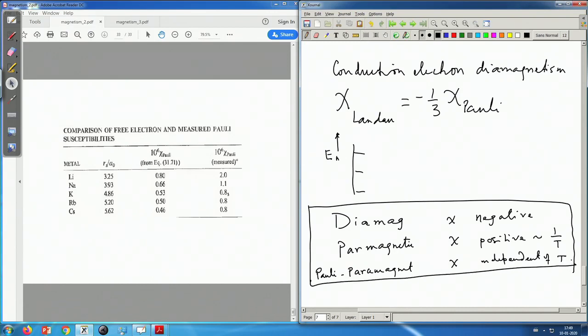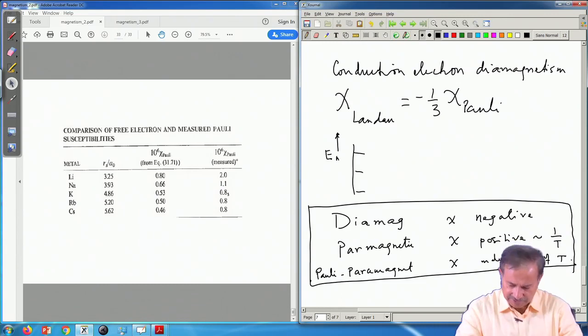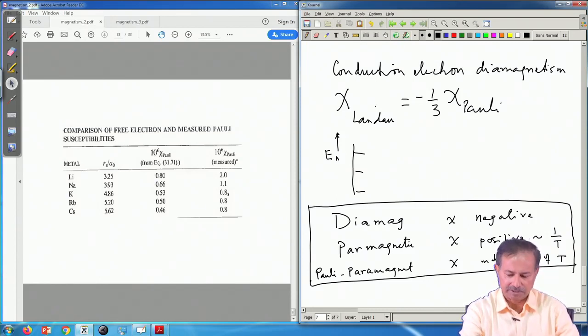Of course, there are these other situations like Van Vleck paramagnetism and all, which are there. You have to just remember that they are there. Also, Landau susceptibility is also there, diamagnetic susceptibility in a metal.